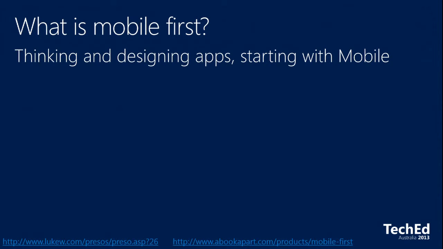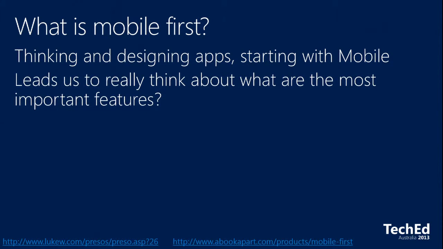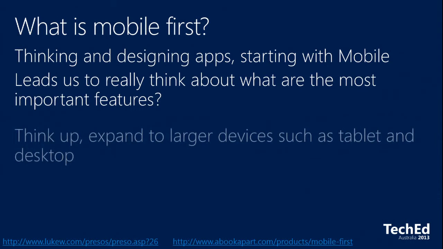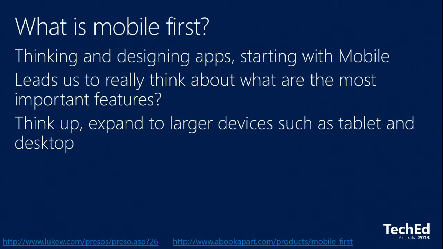Mobile first is saying, well, scrap that. Let's start by thinking about what the 5 most important features are and expand out from that. It lets us really think about what the most important features are first, which makes sense, and it allows us to expand to larger devices such as tablet and desktop.